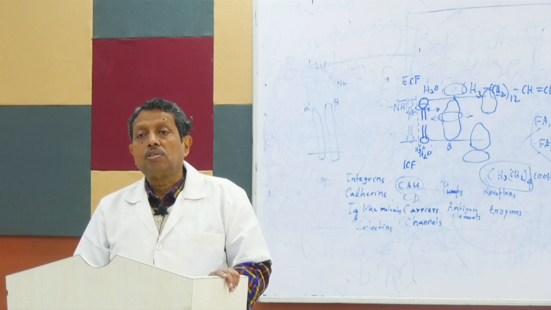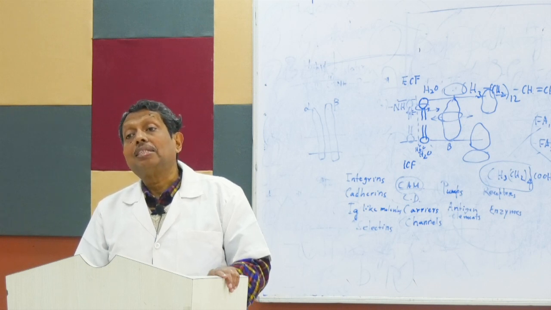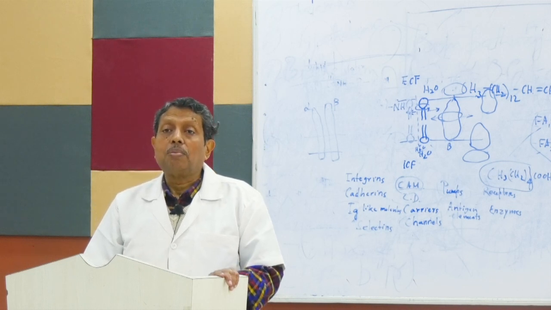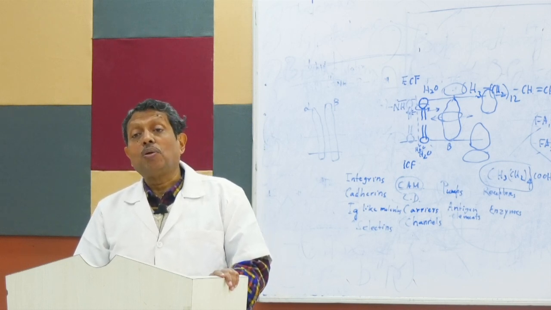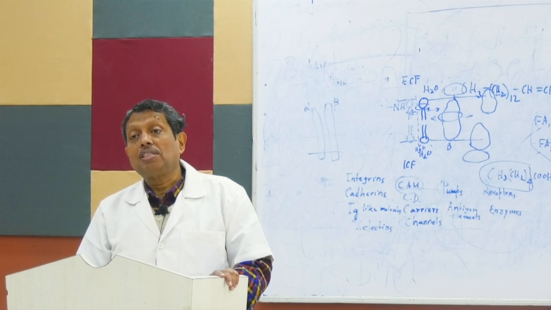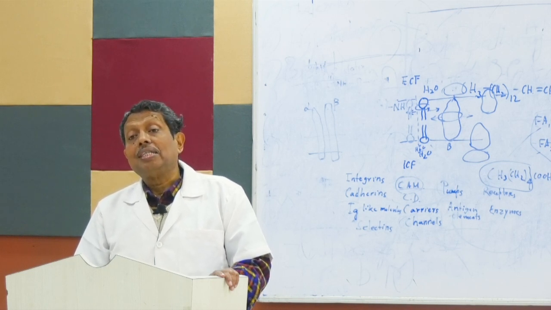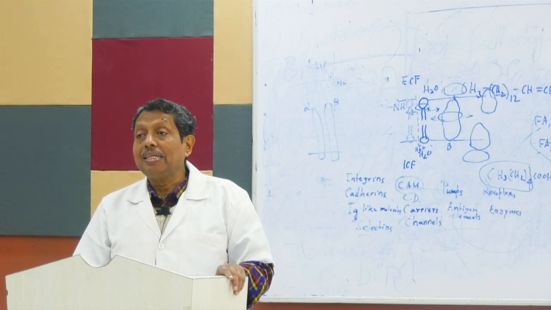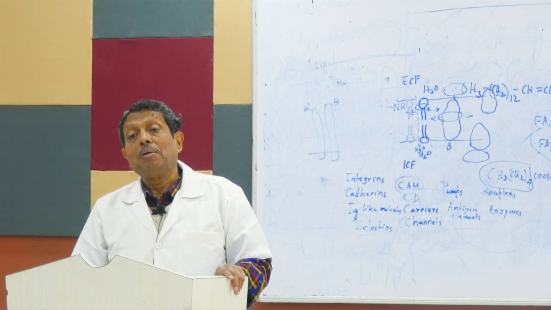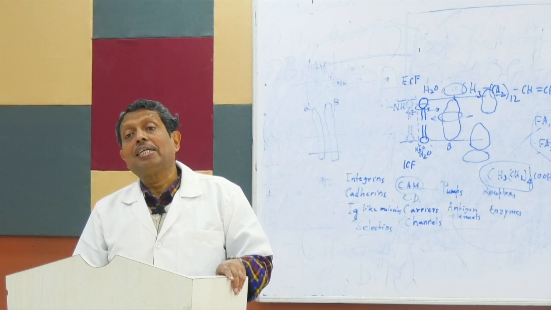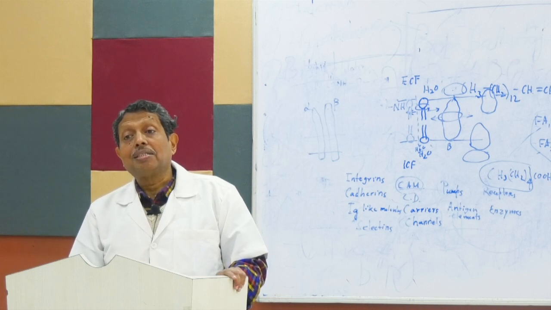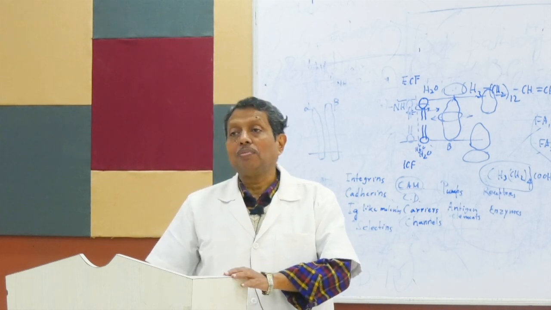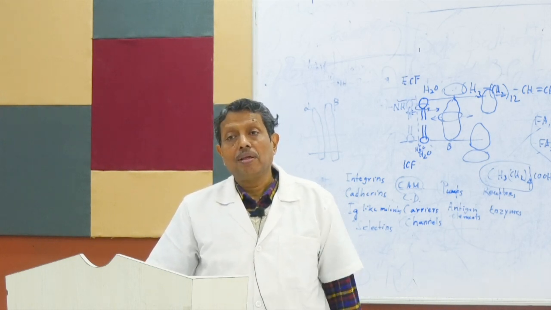So they are channel specific, and in most cases this permeability is variable. Suppose during action potential generation, these channels will temporarily increase their permeability. These are voltage gated sodium channels, and similarly ligand gated channels, ligand gated sodium channels or other ligand gated channels.